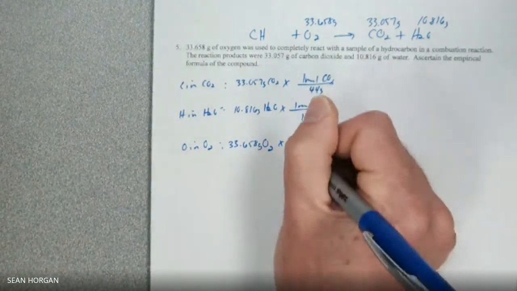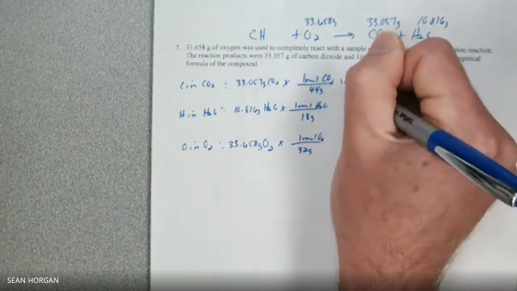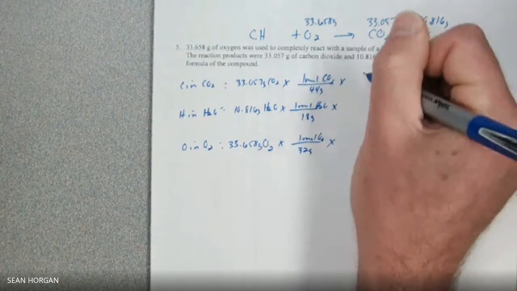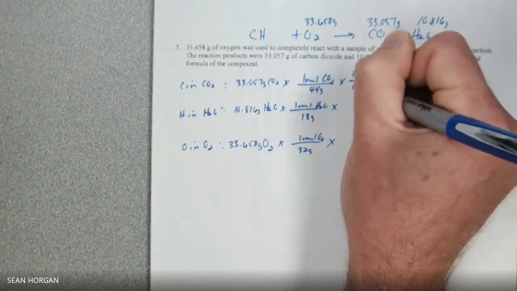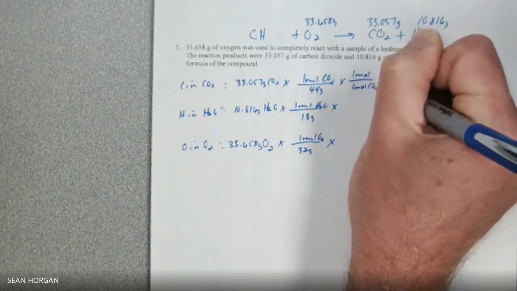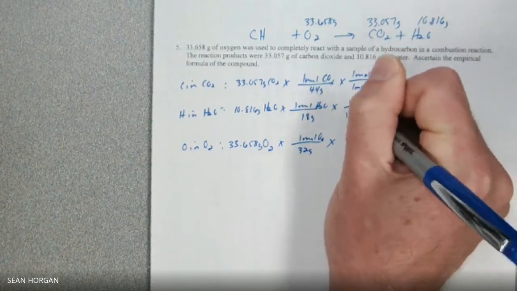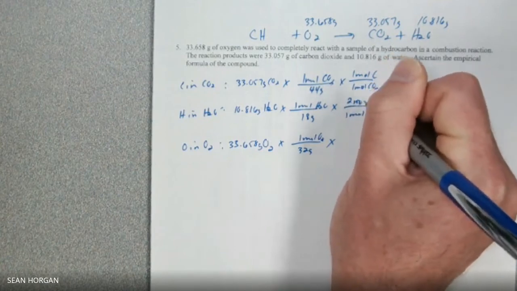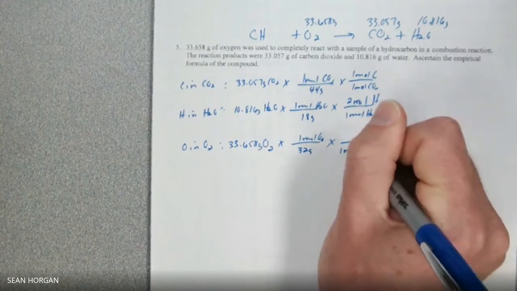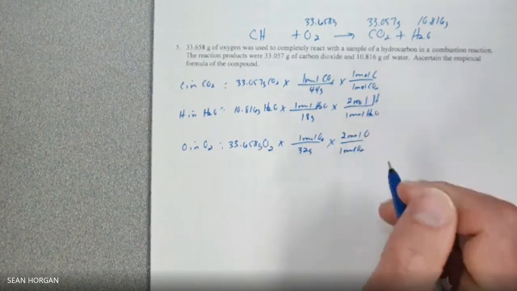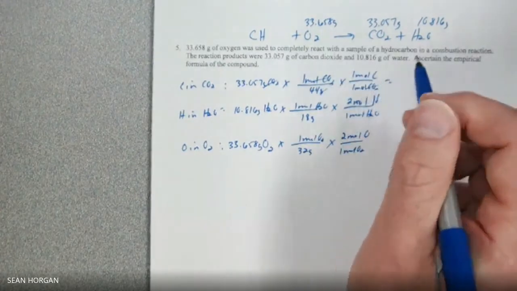Okay, and then 1 mole of O2 is 32 grams. Those numbers come straight off the periodic table. And then for every 1 mole of CO2 I have 1 mole of carbon. For every 1 mole of H2O, I have 2 moles of hydrogen. And for every 1 mole of O2, I have 2 moles of O. Okay? We'll cancel. Look at all this canceling, right?